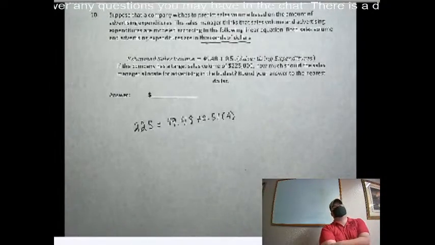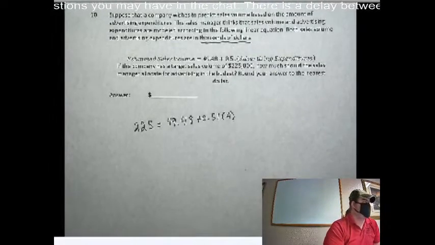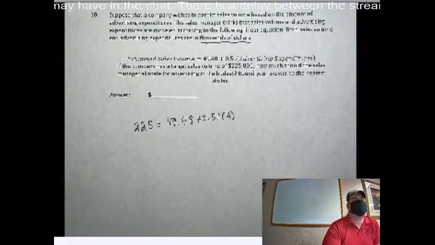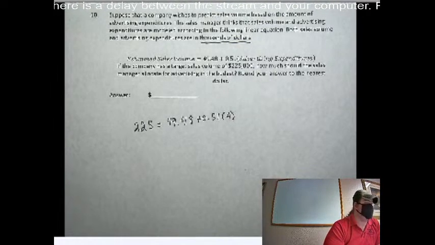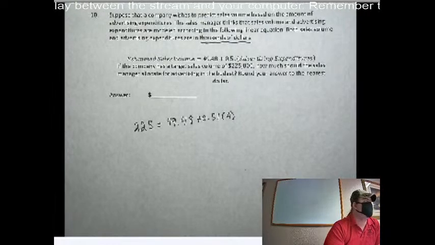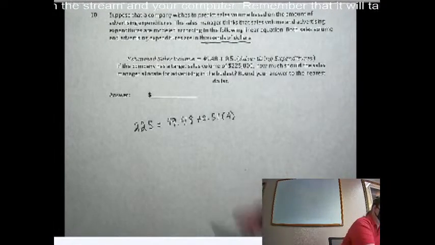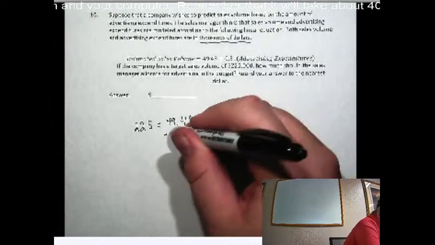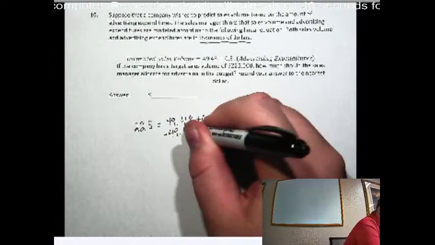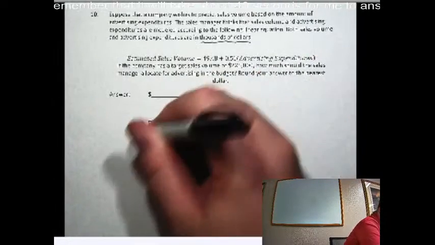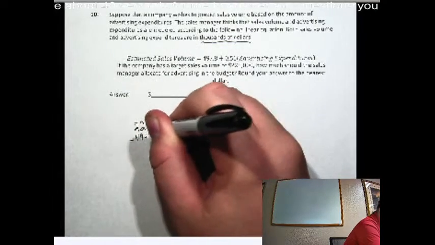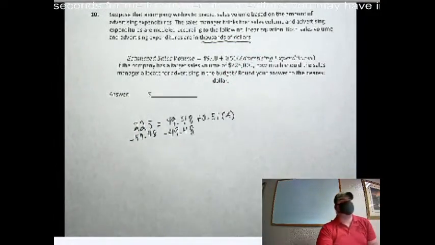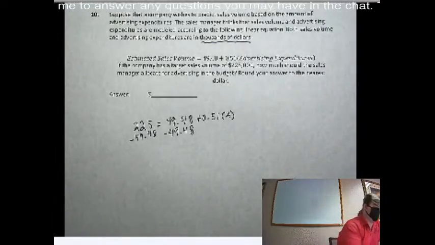Okay. So now we need to solve for A, in other words, get it by itself. What's the first step we can take in doing that? Good. Subtract 49.48 from both sides. Of course, we need to preserve that balance in the equation.